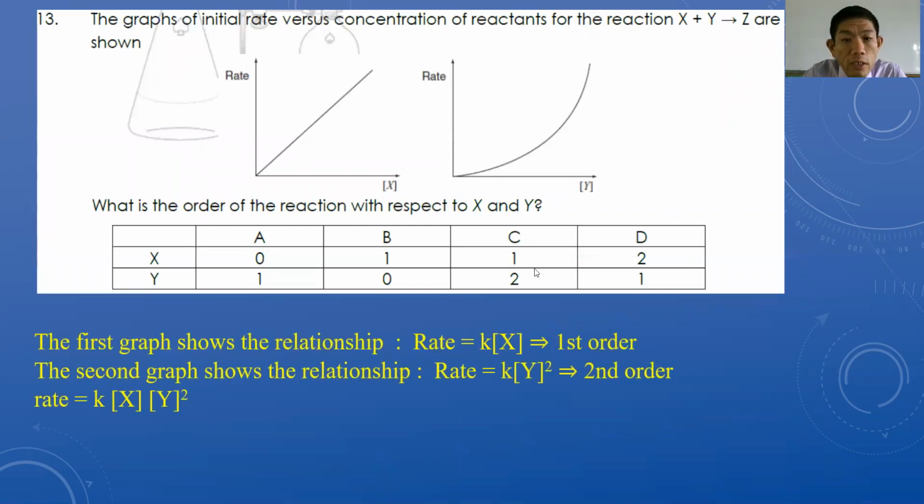When it is a positive linear gradient like this, it means it is first order with respect to X. And when it is a parabola, that tells us Y is second order. Therefore the rate equation is rate equals k[X][Y]². So this gives us the answer C.